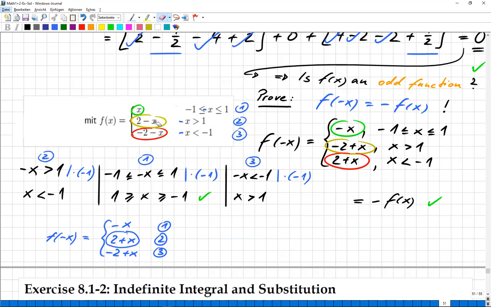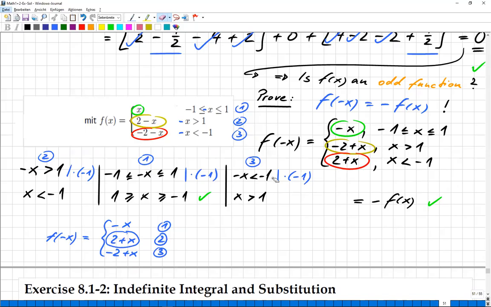Replacing x with negative x here, I get 2 plus x, of course, but this does no longer belong to the right-hand side. Now it belongs to negative x greater than 1, I'm sorry, I think I lost my track. I was explaining this before probably. Anyway, replacing x with negative x here, I get negative 2 plus x, but now it belongs to negative x lower than negative 1.